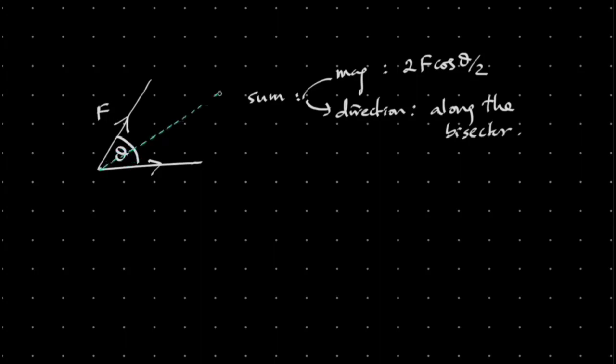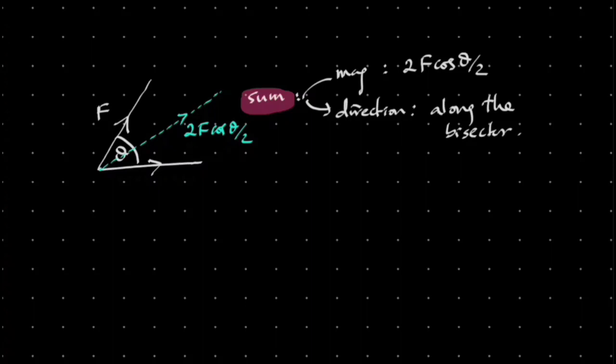So along this line, this is the line of action of the resultant, and also the direction of it, and this is going to be 2F cos half of the angle. That's the sum we're talking about.